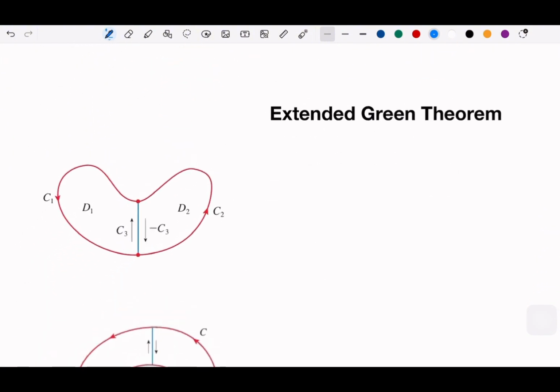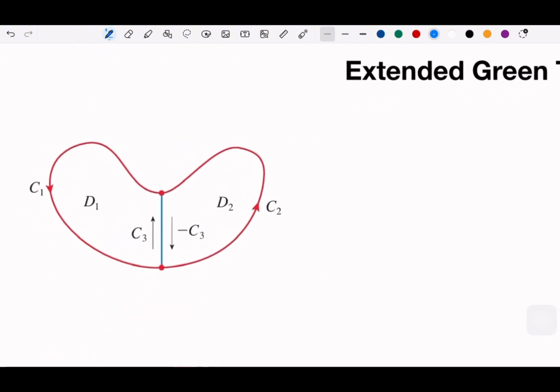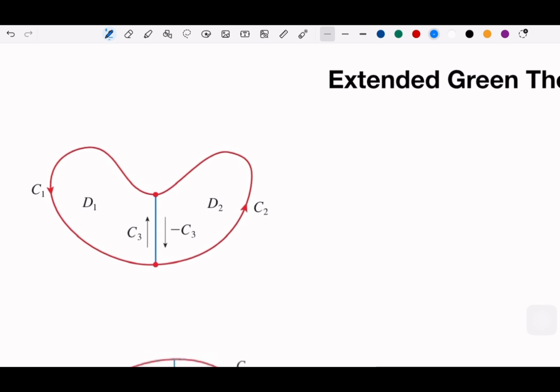Let me explain in detail. Suppose that D is actually a combination of D1 and D2, and we also need to make sure that D1 and D2 are simple regions. Both are simple.